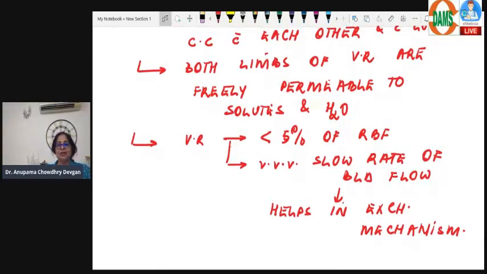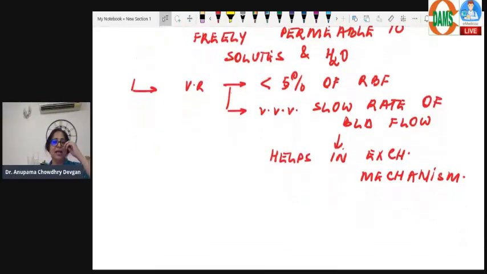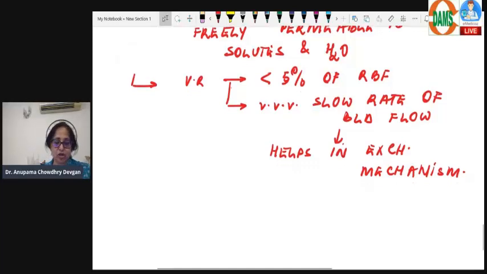Both limbs of vasa recta are freely permeable to solutes and water, they receive less than 5% of the renal blood flow, and they have a very slow rate of blood flow, which helps in the exchange mechanism.